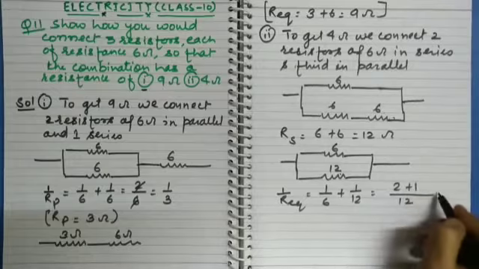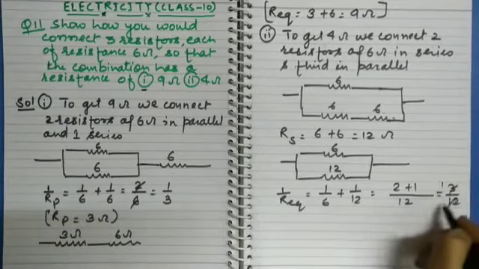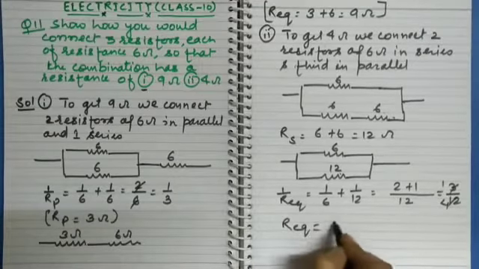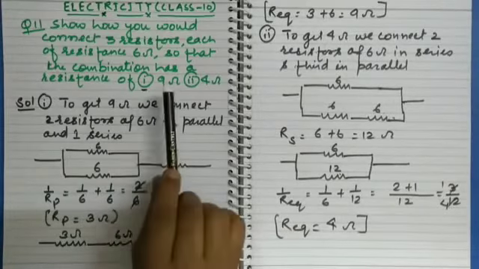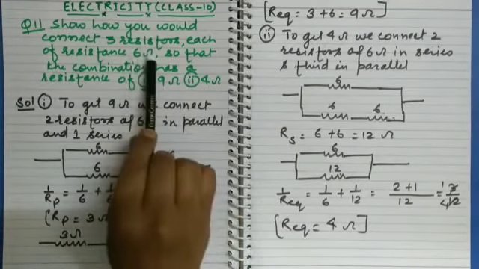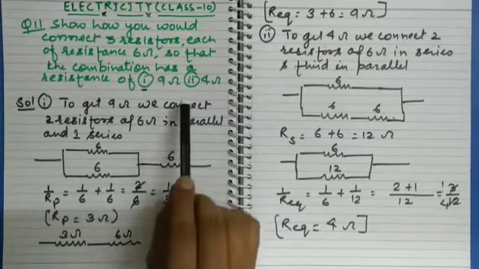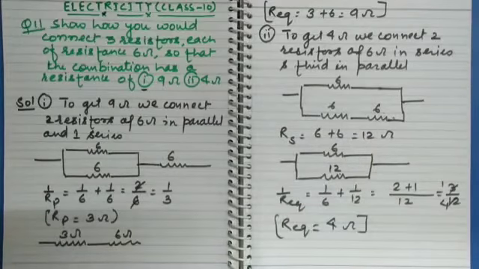LCM will be 12: 2 plus 1 equals 3 by 12, so 1 by R equals 1 by 4, and R equals 4 ohm. Then for 9 ohm, two resistances are in parallel and one in series, and for 4 ohm, two are in series and one in parallel.